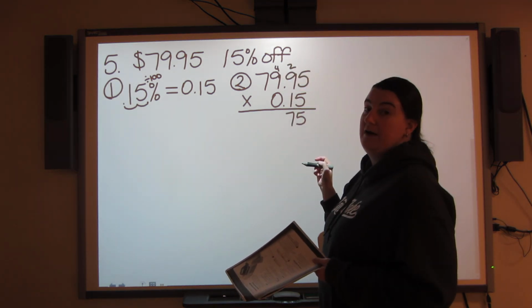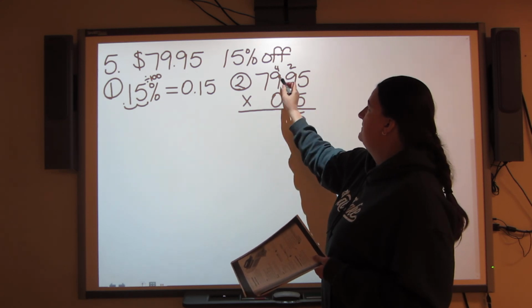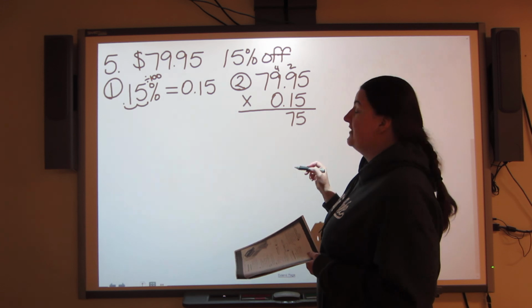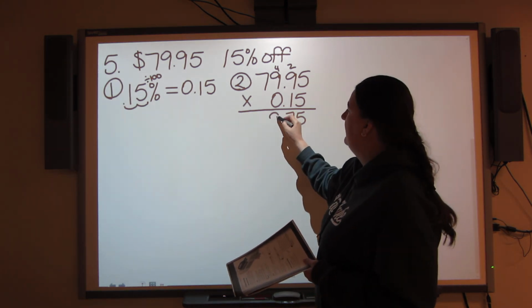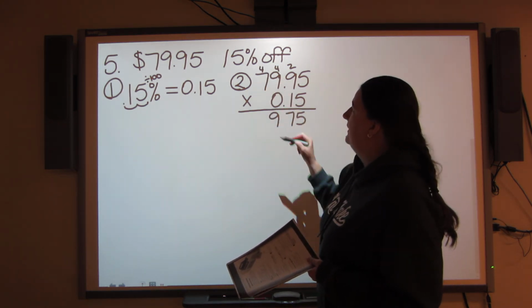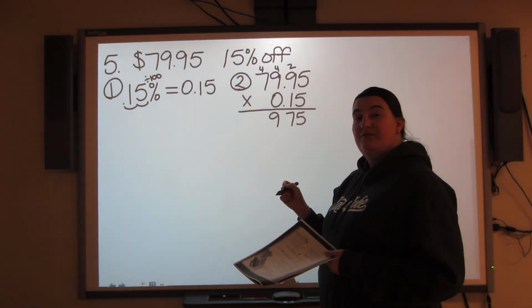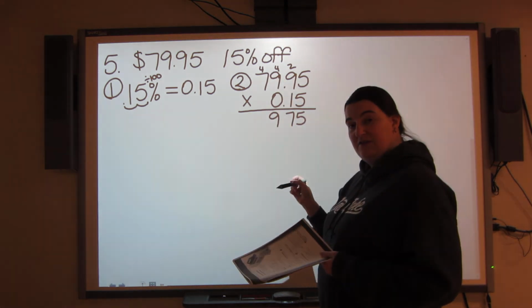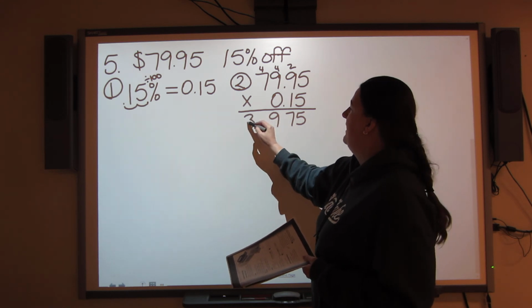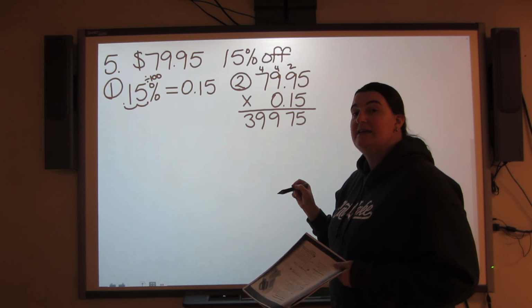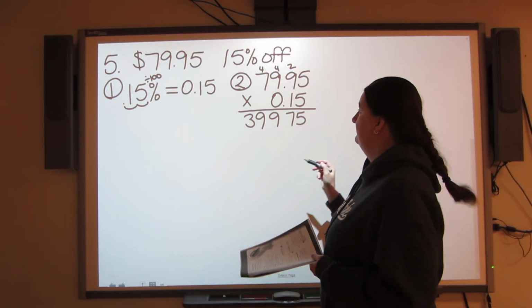Carry your 4. 5 times 9 again, 45. Plus the 4 that you carried, 49. Carry your 4. 5 times 7 is 35. Plus the 4 that you carried is 39. There's nowhere else to carry that 3, so it stays in your answer line.